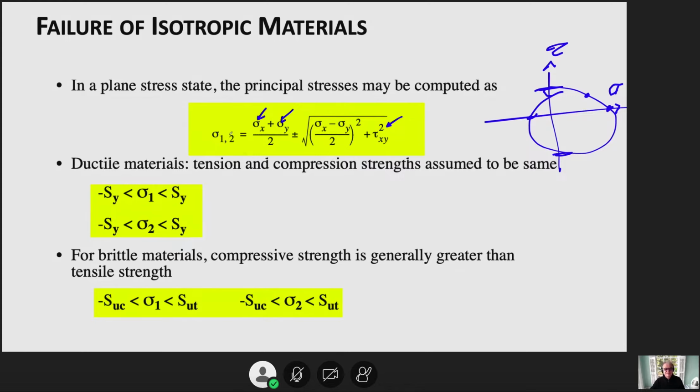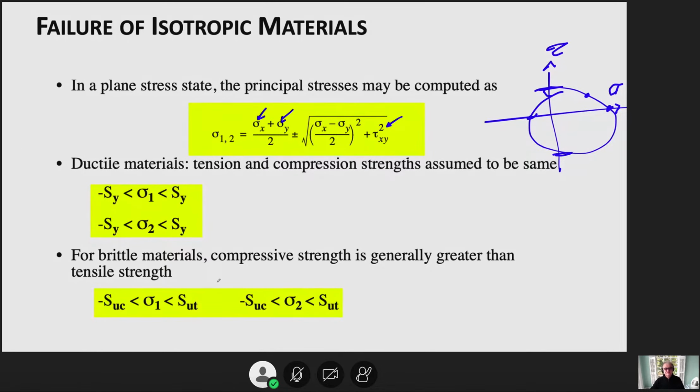Now, once we have sigma 1 and sigma 2, for ductile materials, we compare it with the yield strength. So if sigma 1 is smaller than the yield strength, we are okay. If it's larger than minus the yield strength, we are okay. And we also look at sigma 2, if that is also smaller or greater than the yield strength.